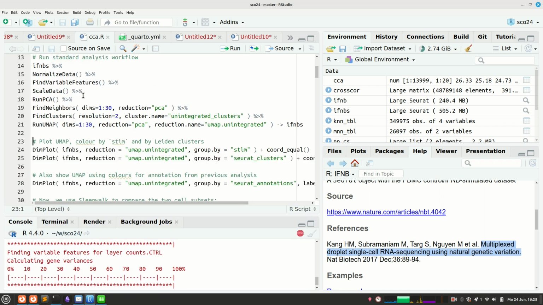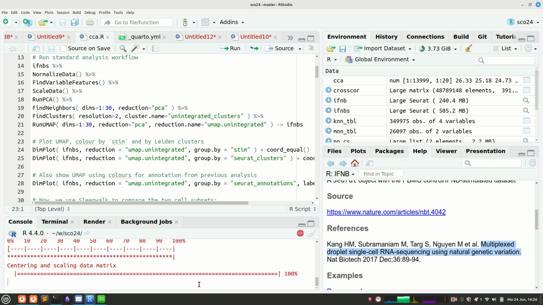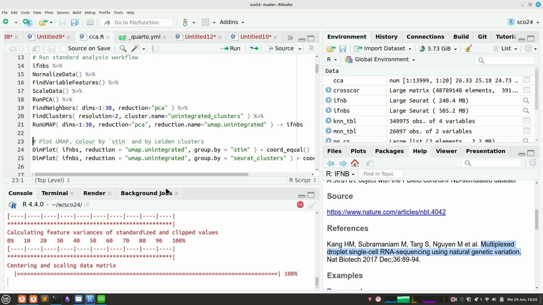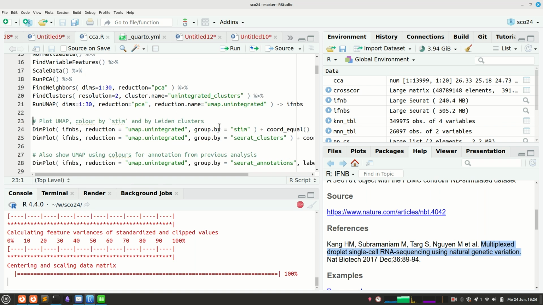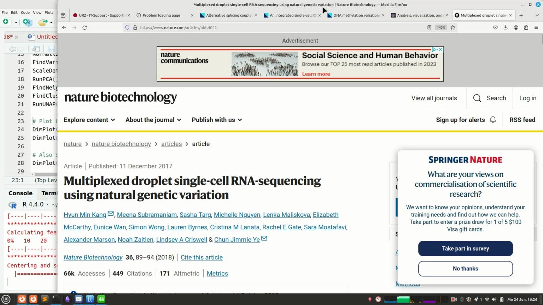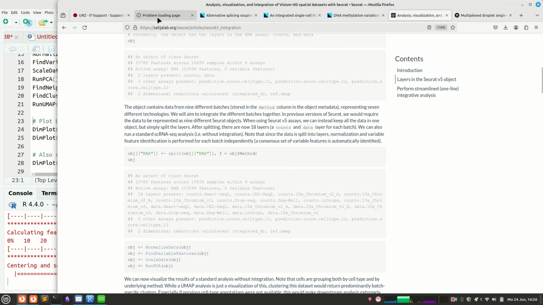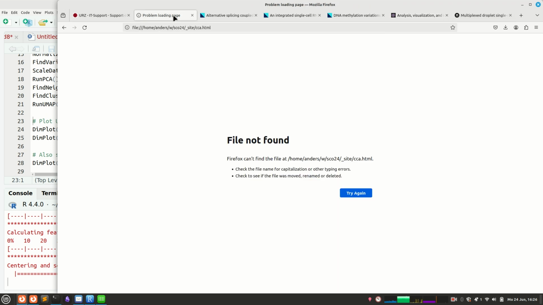So I tell it to normalize the data, find the 2,000 most variable genes, run the PCA, find the nearest neighbor graph, find the clusters, and then find the UMAP. Because this takes a moment, I'll show you how these plots look like.